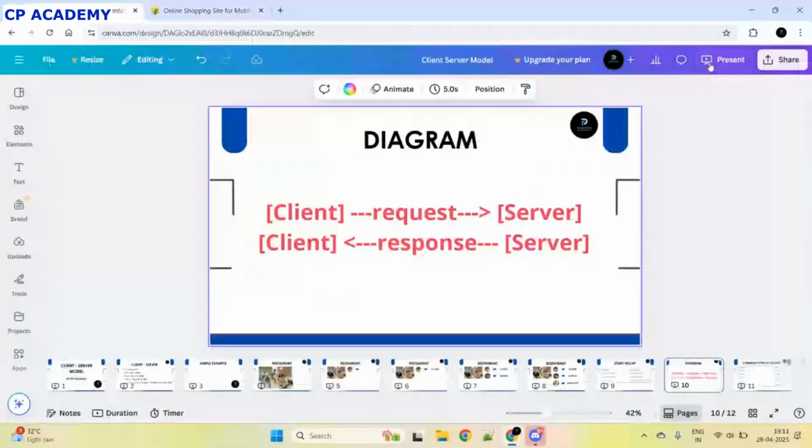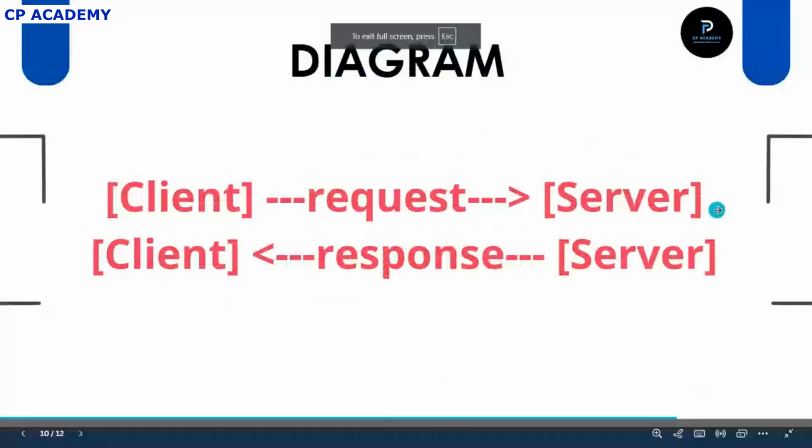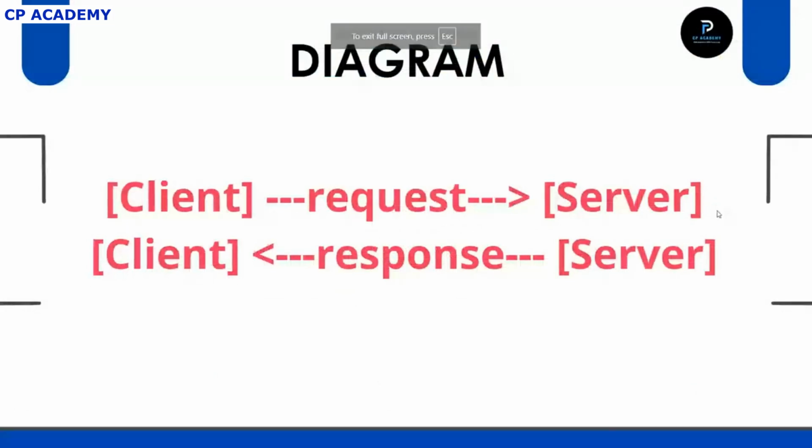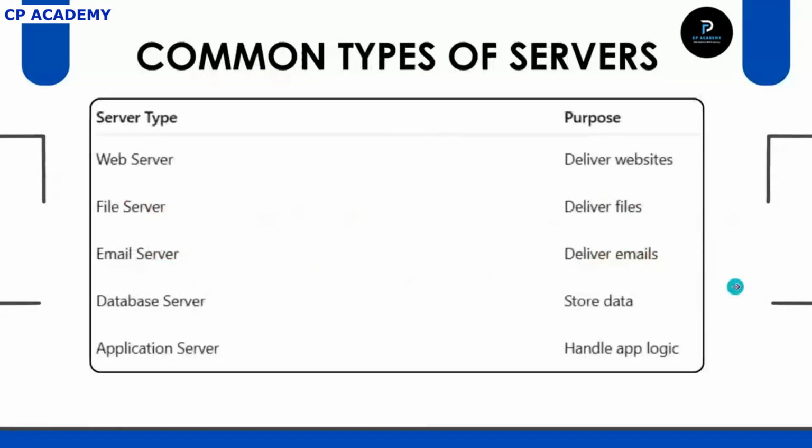Here we can see the client sends the request to the server and the server responds to the request sent by the client. Is that clear what I'm saying? Coming to the client server model, it is a way to divide the work between two parts: the client, the one who requests something, and the server, the one who responds to the request and serves the information.